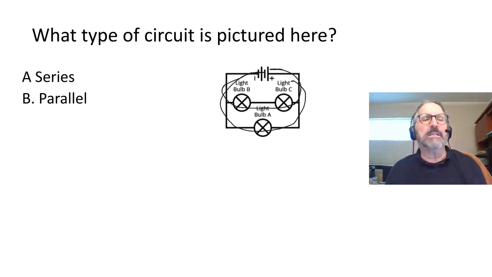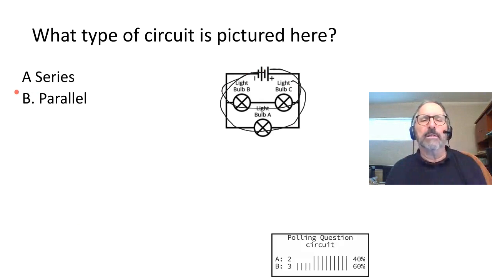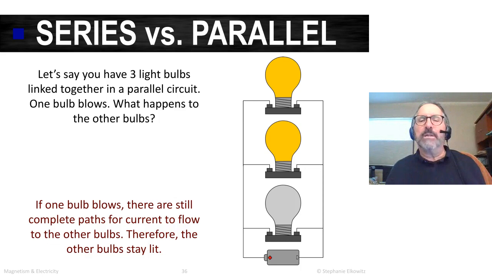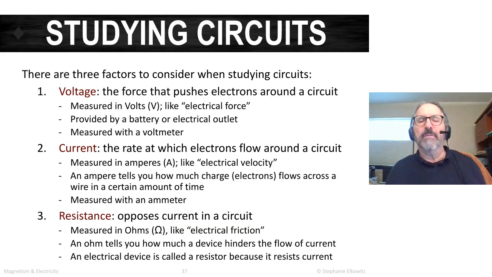So this is your parallel circuit, right? All right, so three light bulbs linked in a series, one goes out, it's no longer a closed circuit, it's opened. Parallel circuit, one blows out, still a complete path.